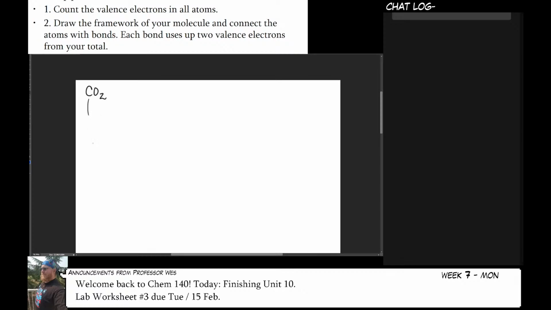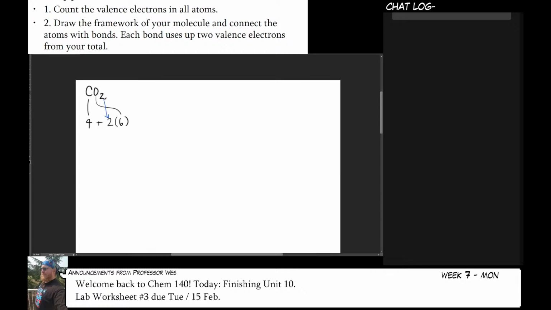How many valence electrons does carbon have? If you go to the periodic table and see what group it's in, group 14, that means that it has 4 valence electrons. We're going to add that to how many valence electrons each oxygen has. It's in group 16, so that would be 6 valence electrons, and there are 2 of them.